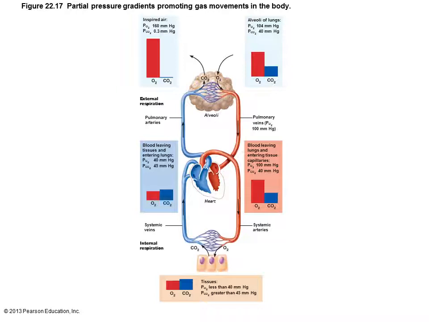As you see here, the partial pressure gradient for oxygen in the lungs is a lot bigger, because PO2 in venous blood is about 40 millimeters of mercury, but alveolar PO2 is 104 millimeters of mercury, so that drives oxygen flow to the blood. The partial pressure gradient for CO2 in the lungs is less steep: venous blood PCO2 is 45 millimeters of mercury, and alveolar PCO2 is about 40 millimeters of mercury.